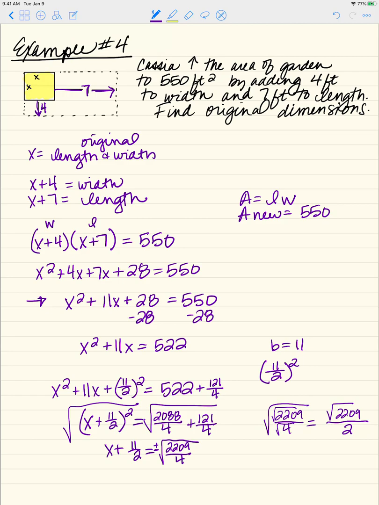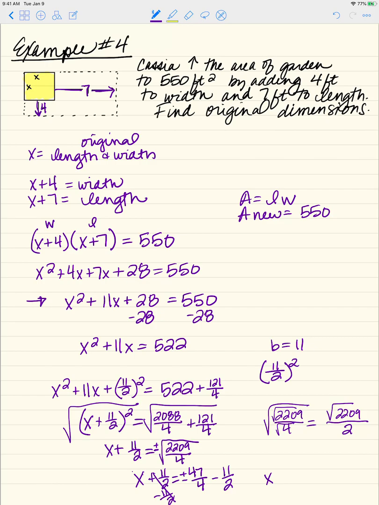So now I have x plus 11 over 2 is equal to 47 over 4. Subtract 11 over 2 to cancel that out. And x is equal to, sorry, that's plus or minus, okay?